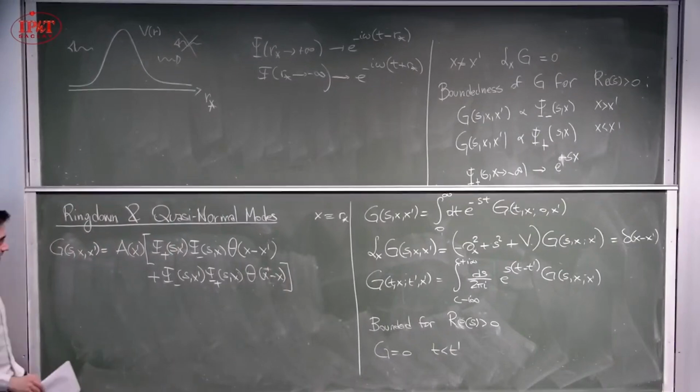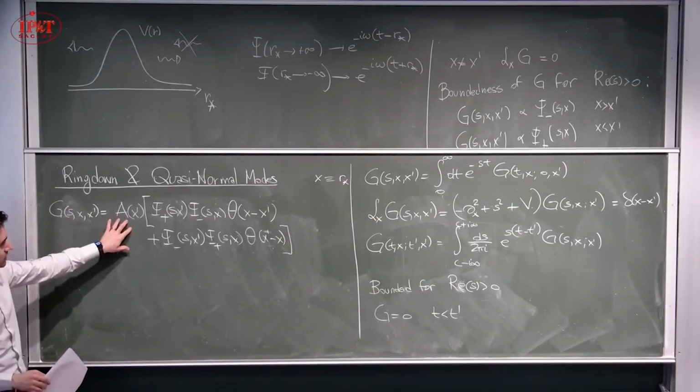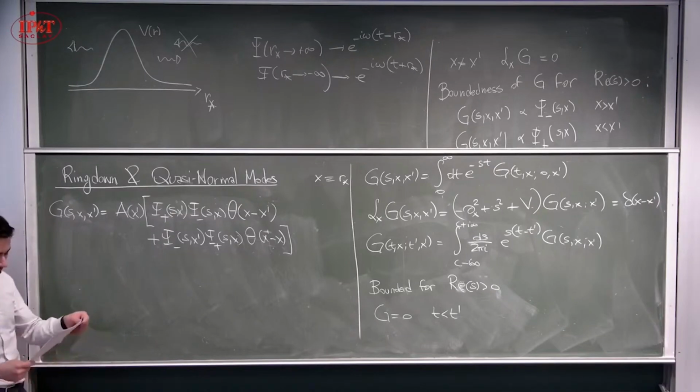This is by continuity at x equal x prime, and now of course we can fix this function by integrating the original equation and imposing a jump condition.